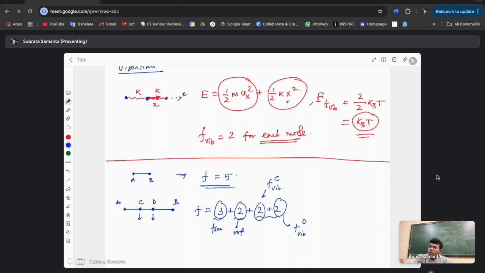No, it cannot rotate about its own axis. It's a linear molecule, how can they rotate about their own axis? They can rotate about the perpendicular axis, but not their own axis because they are aligned in that direction, right? The atoms in the molecule are rotating, not the system.